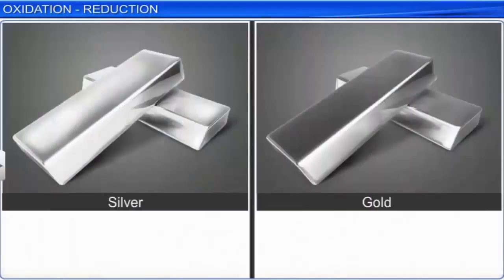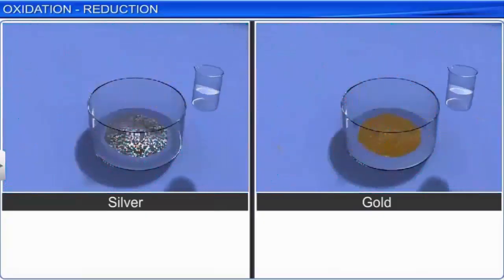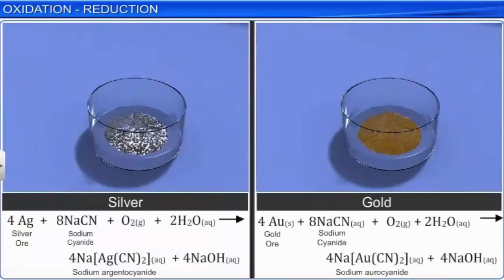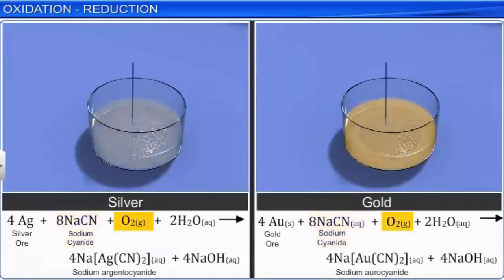You have already studied that gold and silver are extracted by leaching their ores with cyanide ions. During the leaching process, silver and gold are treated with sodium or potassium cyanide in the presence of air to form the respective soluble complexes.